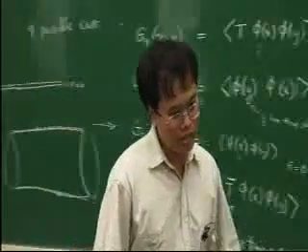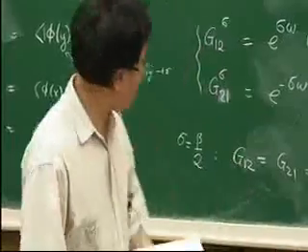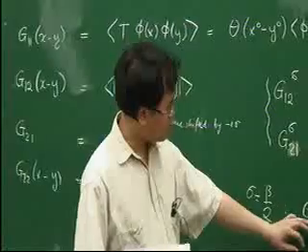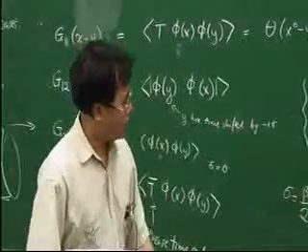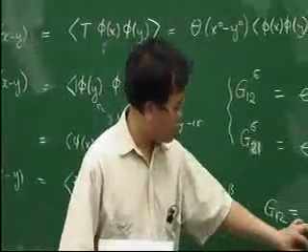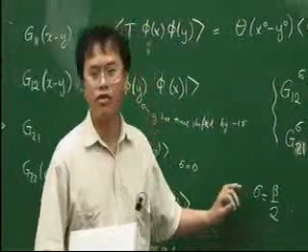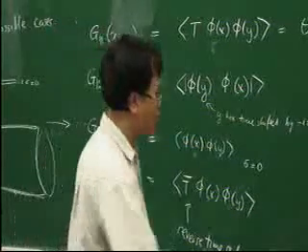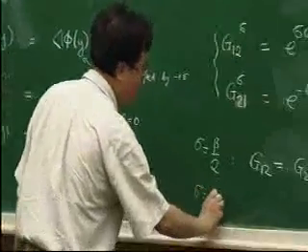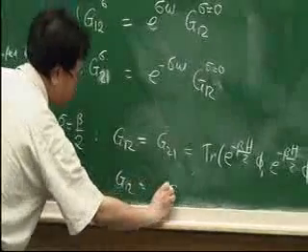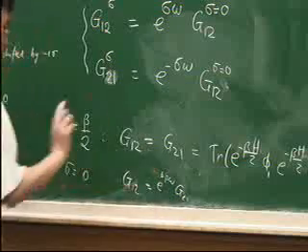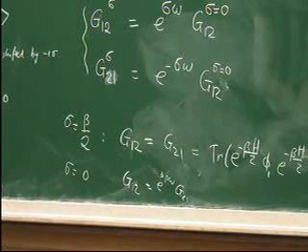Any more questions? Knowing that the off-diagonal Green's functions are equal for this particular choice of sigma equal to beta over 2, you can, for example, relate, when sigma is equal to 0, G12 to G21 up to a factor of e to the minus or plus beta omega. That one can rather easily figure out.